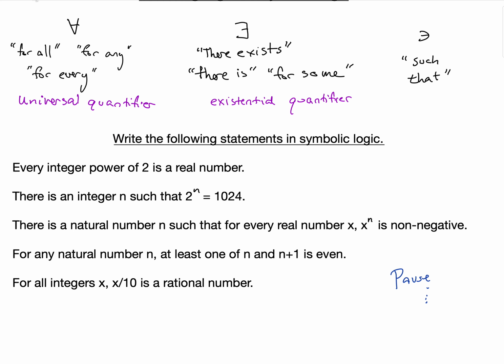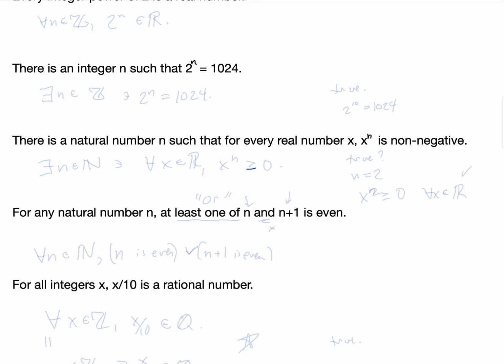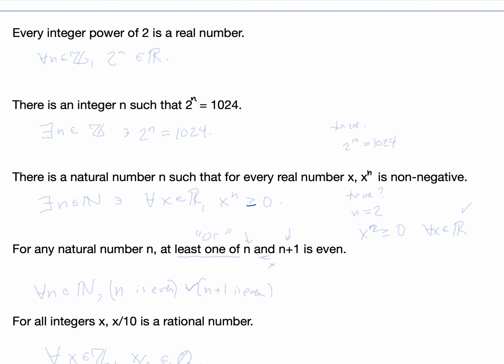Okay, our first one is every integer power of 2 is a real number. That means for any n in the integers, 2 to the n is an element of the real numbers.